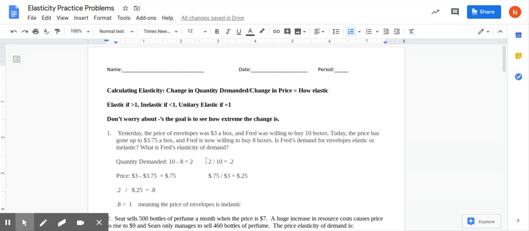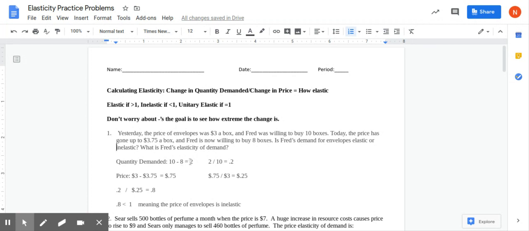So we're going from 3 to 3.75, and we're going from 10 to 8. Our quantity demanded first at $3 is 10, so that's why we got the 10 there. Then when we go from 3 to 3.75, we go to 8 boxes. So we're going to put 10 minus the 8 there.